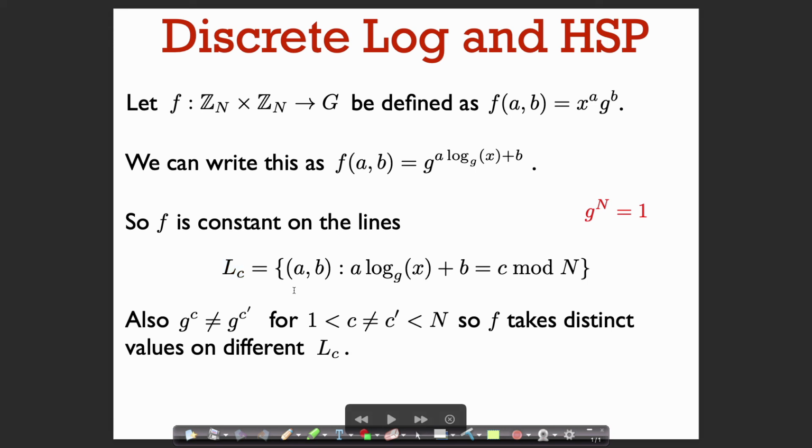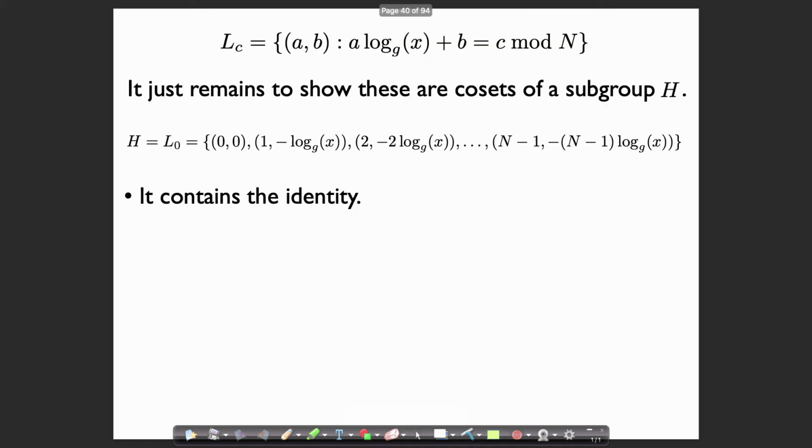Since the order of g is capital N, if c and c prime are less than n, then g to the power c is not going to be equal to g to the power c prime. So now we have our sets Lc. We know that f is constant on each Lc, and it takes on distinct values on Lc and Lc prime.